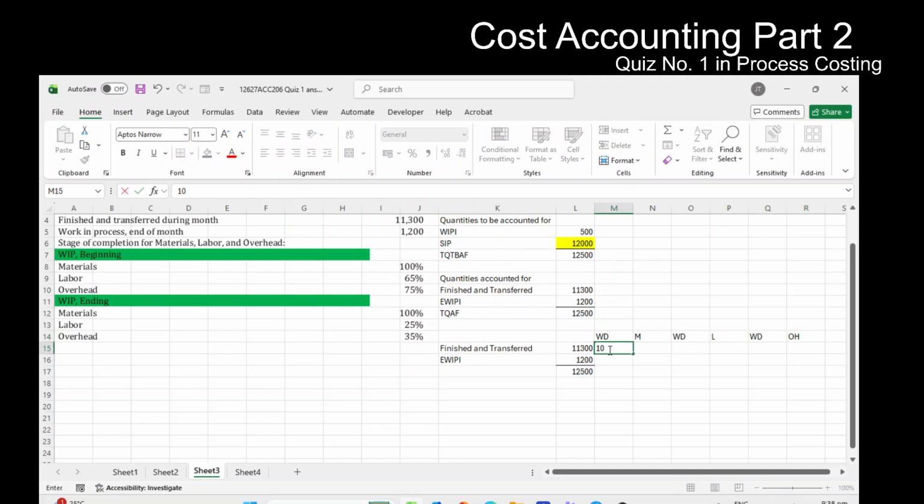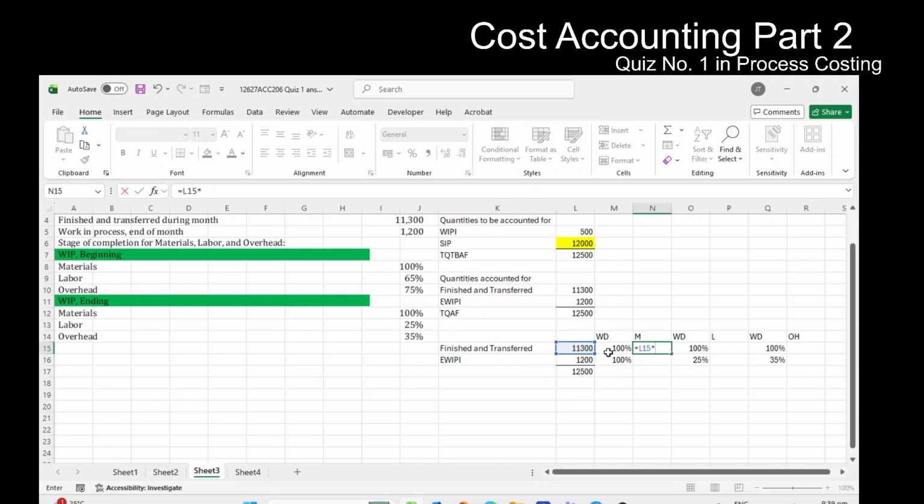So, eto, since weighted average tayo, 100% na kagad yan. This is 100%, 100%. This one, get the ending. We have 100%, 25%, and 35%. That's it. All you need to do is multiply.